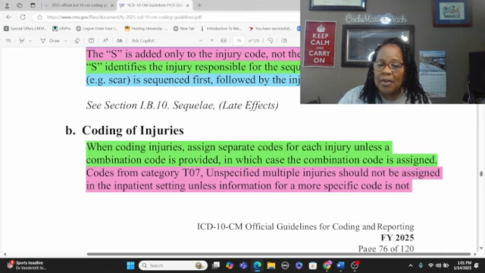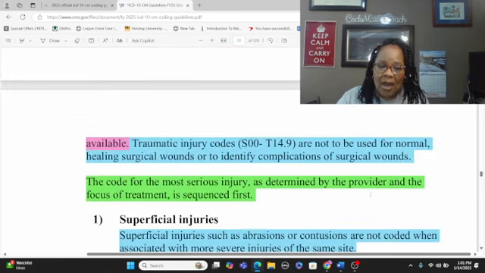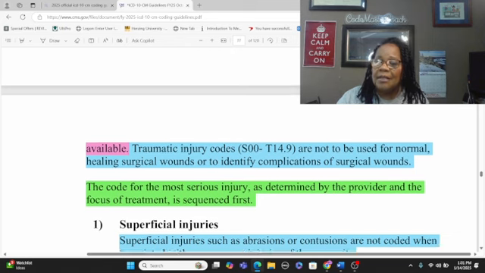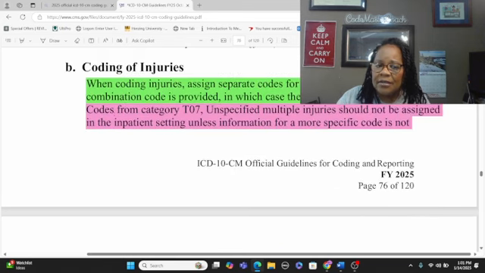It says codes from category T07, unspecified multiple injuries, should not be assigned in the inpatient setting unless information for a more specific code is not available. Let me go back to that. Codes from category T07, unspecified multiple injuries, should not be assigned in the inpatient setting.